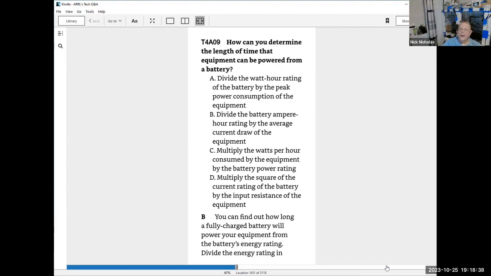And if you've got a 100 amp hour battery, you're drawing 10 amps out of it. It's going to provide almost, but not quite, 10 hours of operation for that light.